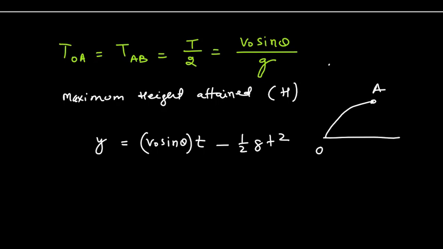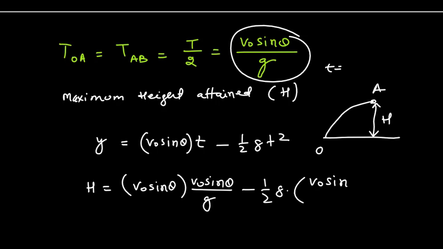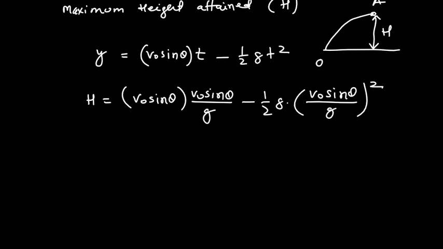That t will be equal to v naught sine theta over g, and y will be this height, which is h. So we can write like this: h is equal to v naught sine theta, the value of t is v naught sine theta over g, minus half g, and t square again v naught sine theta over g square.